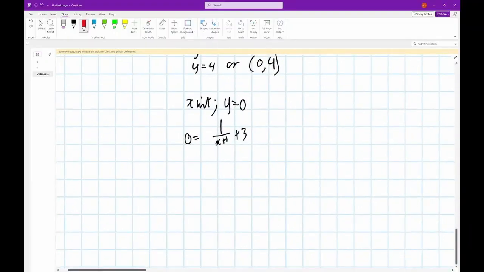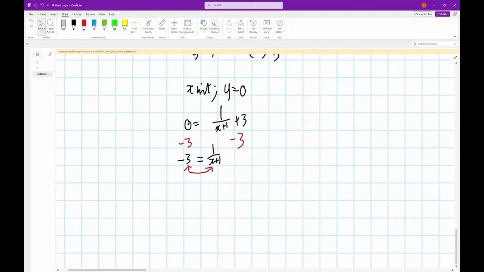The first thing we need to do to get x by itself is minus that 3. So we're going to minus 3 on both sides, leaving us with -3 equals 1 over x plus 1. We can then actually do a swap here, because essentially what we would need to do is multiply x plus 1 out and then divide by -3. But every mathematician worth their salt knows that, of course, and so we can just do a switcheroo here.